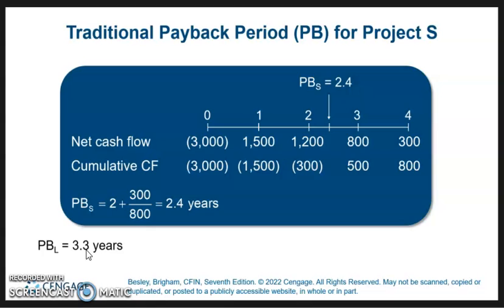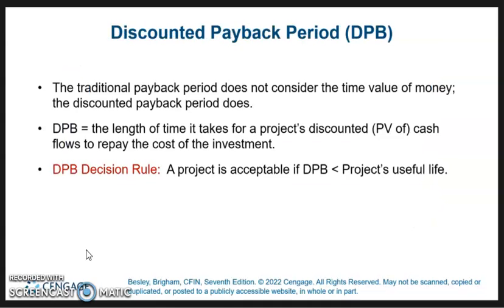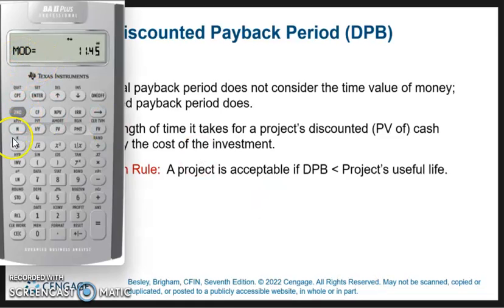Because of the flaws associated with the traditional payback period, we have discounted payback period, and your calculator actually does that calculation. If we go to NPV, and then let's go 10, enter, and compute. So this was our original calculation. If we go down arrow, first is net future value, which we're not using here.